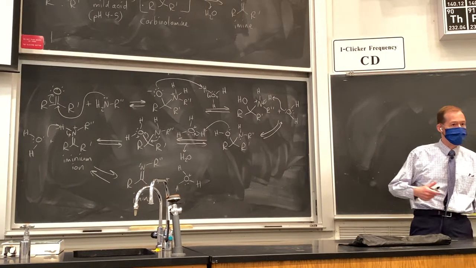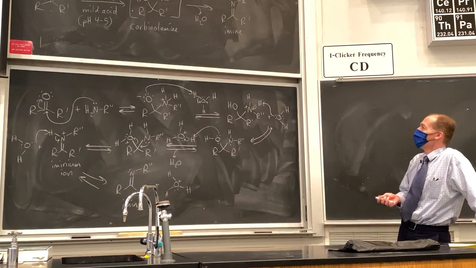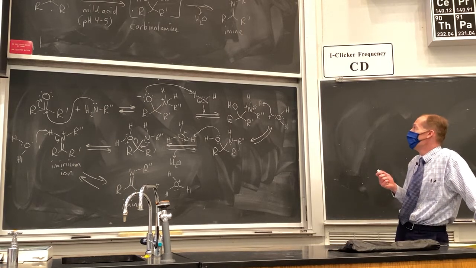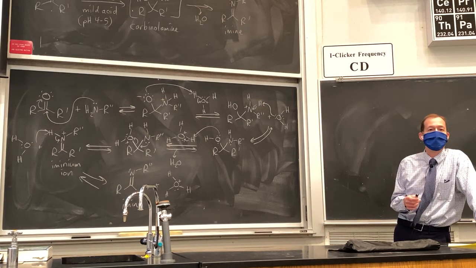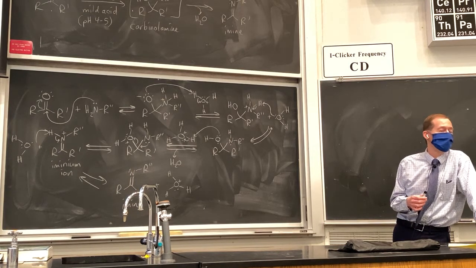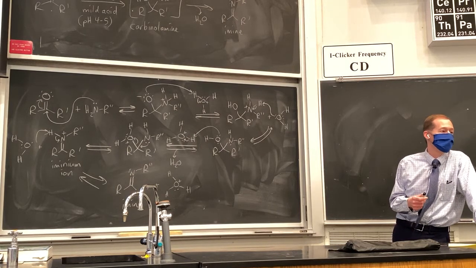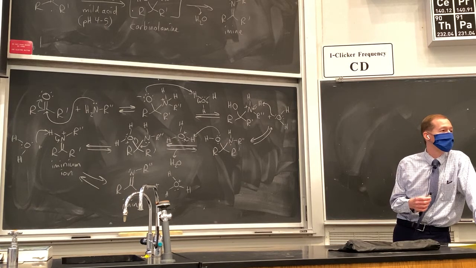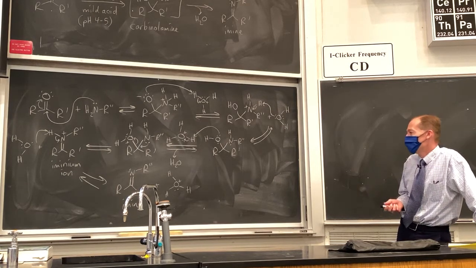So this is an equilibrium process. What could we do to manipulate the equilibrium if we wanted the imine to be the major product? Think about Le Chatelier's principle. We could remove a product. We could remove water.